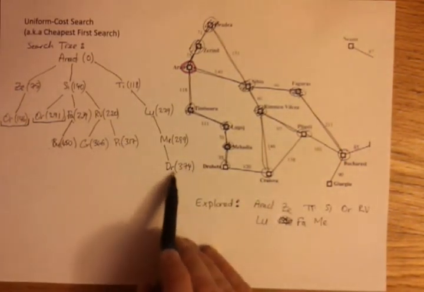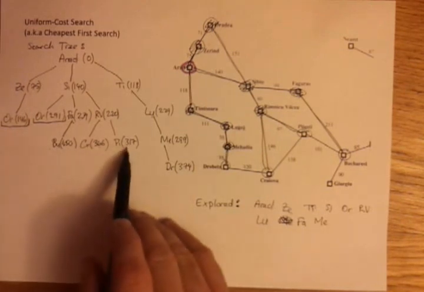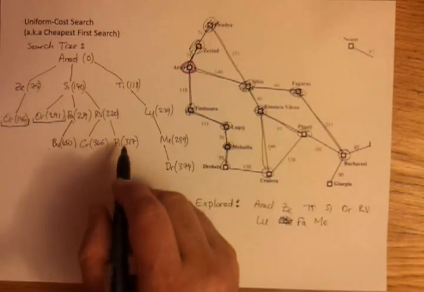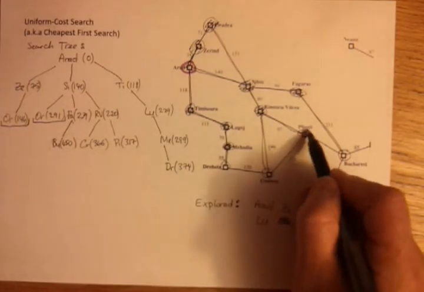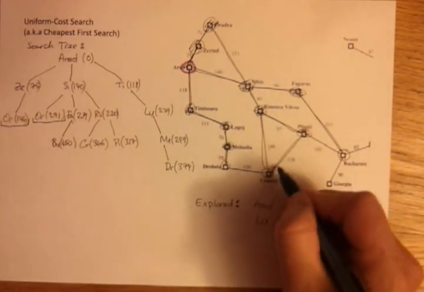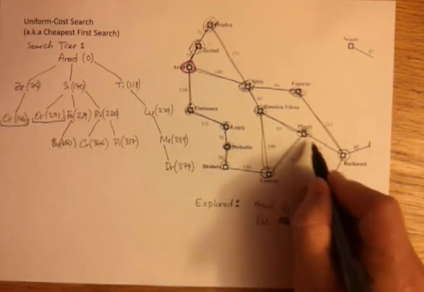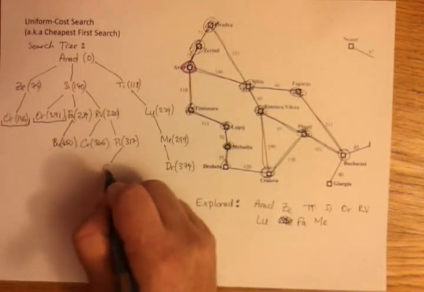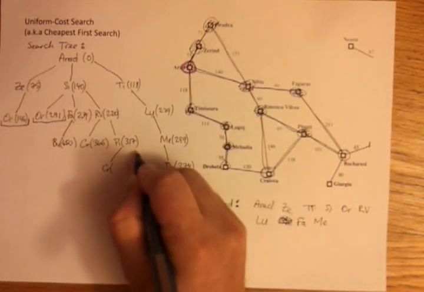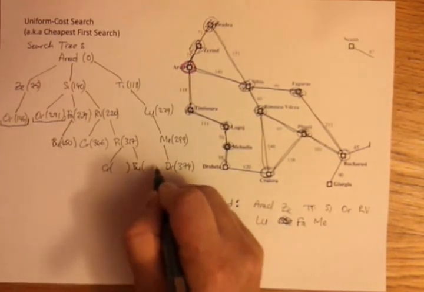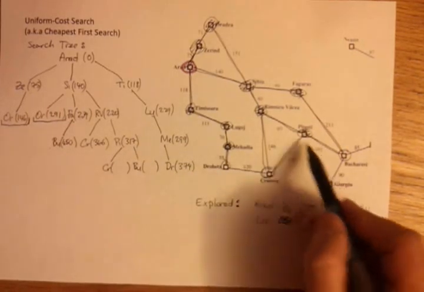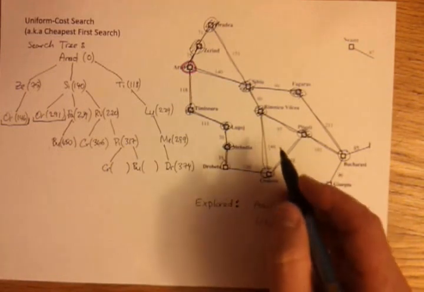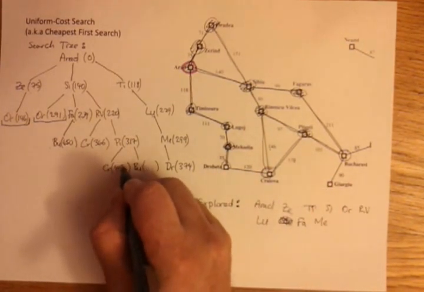Again we scan our frontier. The lowest cost node on the frontier now is P. And P, Putesti here, has two candidates again, CR and Bucharest, each at some cost. The cost for CR is 317 plus another 138, which is 455.